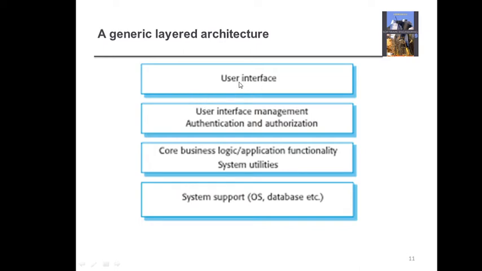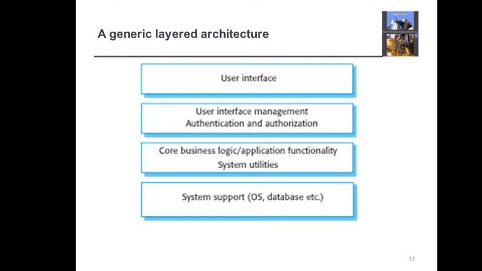Once the interface is there, then we have the user interface management layer. That means it's not that all users will be using the complete system. They must be authenticated users, that means they have the login credentials. Only then can they use the system. And not all users have the same rights. They are being authorized, and different access rights are being given to them. Based on that, they can use different functionalities.